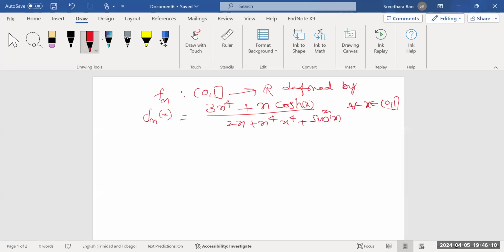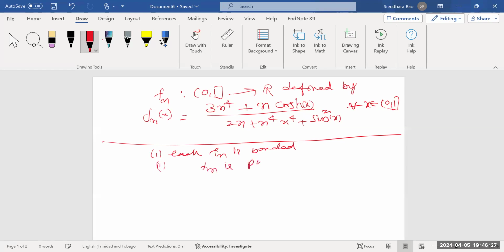I am going to verify the theorem: first, each Fn is bounded, and second, Fn converges pointwise to a function.